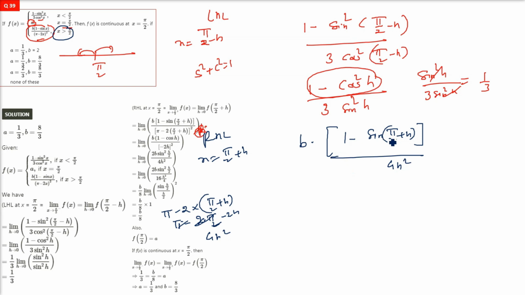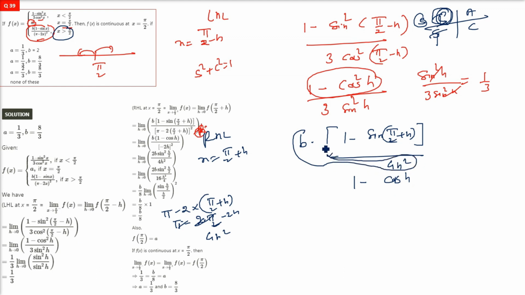So this 1 minus sine 90 plus theta, it is cos theta. So this sine pi by 2 plus h is cos h. But since sine is positive in the second quadrant, what you are going to get is going to be positive only. So you have 1 minus cos h, and then we have in the denominator 4h square.